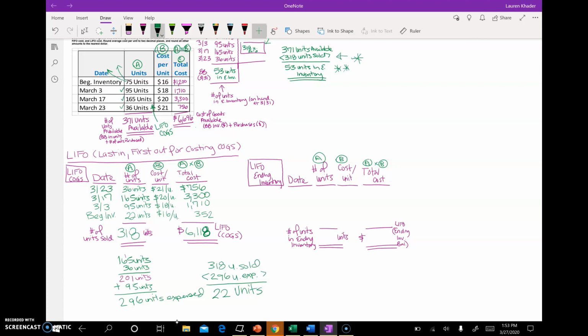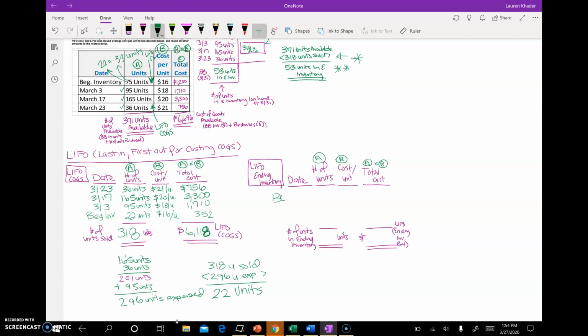For LIFO ending inventory, it's what's left over. So if I look up here, we expensed 22 of those units, so 53 of that beginning inventory is left over. LIFO ending inventory, you're starting from the oldest items because that's what's left. So this one's actually pretty easy.